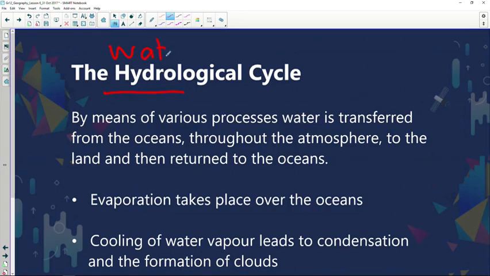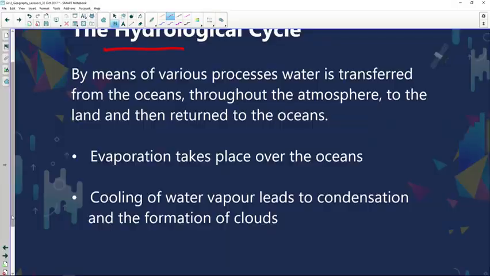Eventually it will all be transported back to the ocean, where this whole process repeats itself. If you look at the following characteristics, like I mentioned before, the hydrological cycle is the water cycle. It's the process where water is transferred from the oceans to the sky and back to the oceans, to land and back to the oceans.